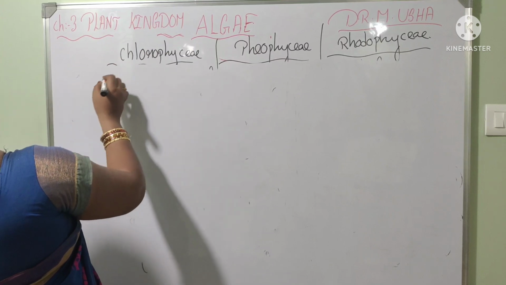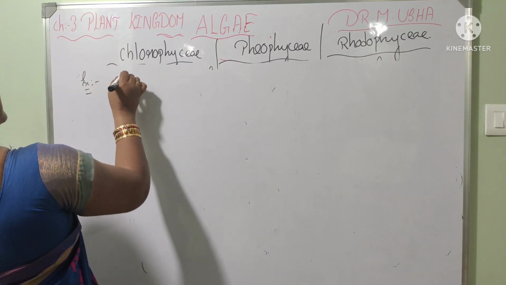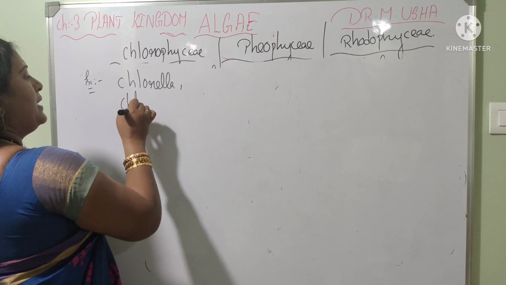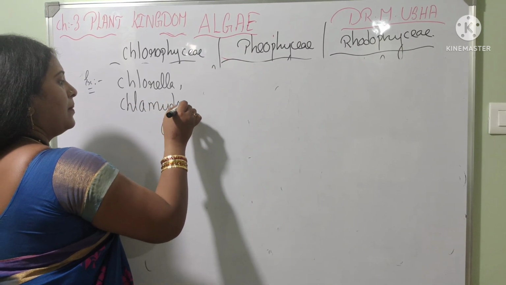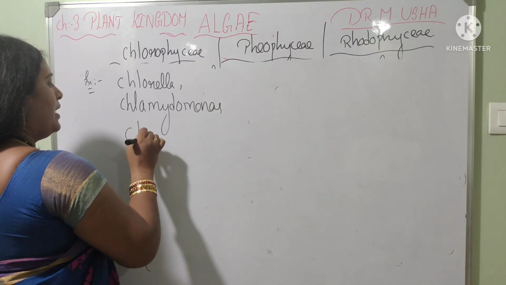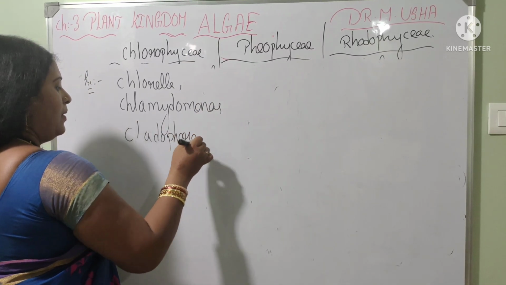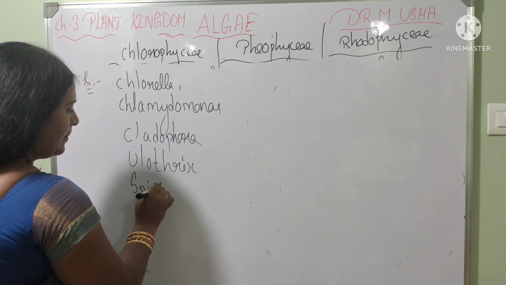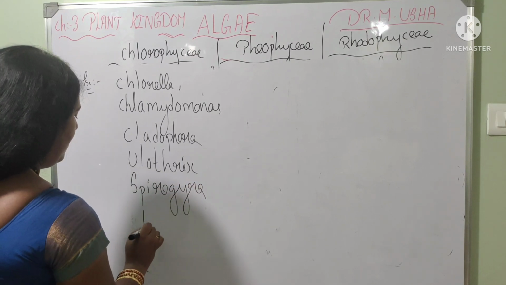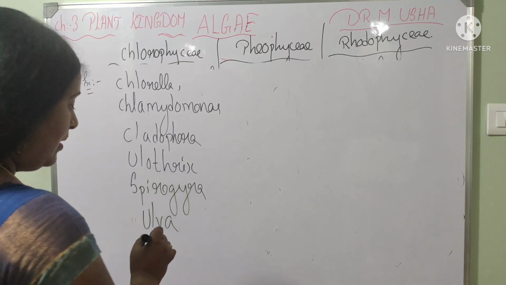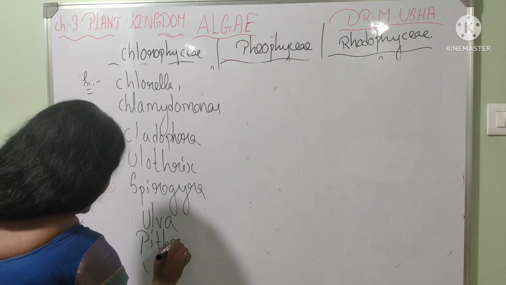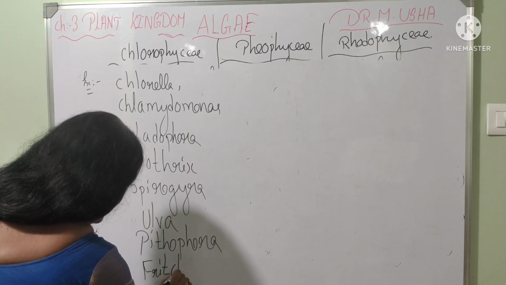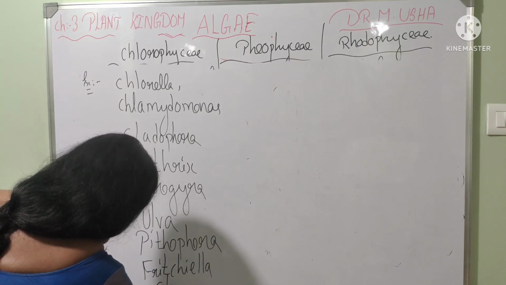Here in Chlorophyceae, examples: start with Chlorella and Chlamydomonas, Cladophora, Ulothrix, Spirogyra, Ulva, Pithophora, even Trichilla, followed by Chara.